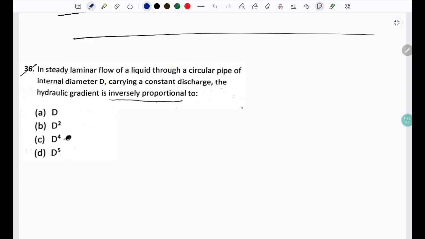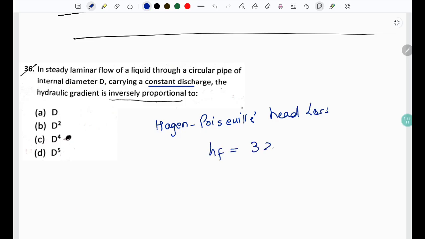Here is another famous question which is often asked, that in a steady laminar flow of a liquid through a circular pipe which has an internal dia D and is carrying a constant discharge, the hydraulic gradient is inversely proportional to. So you see, the concept is that in the Hagen Poiseuille's head loss formula, we have HF equals 32 mu VL upon rho G D square.